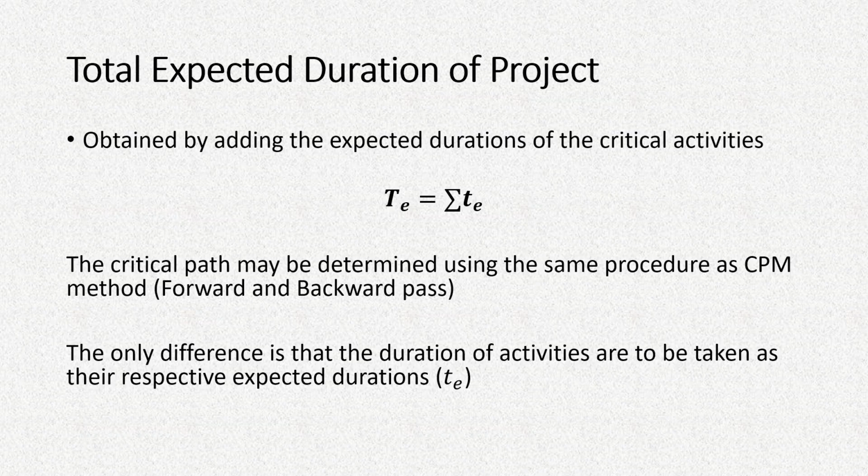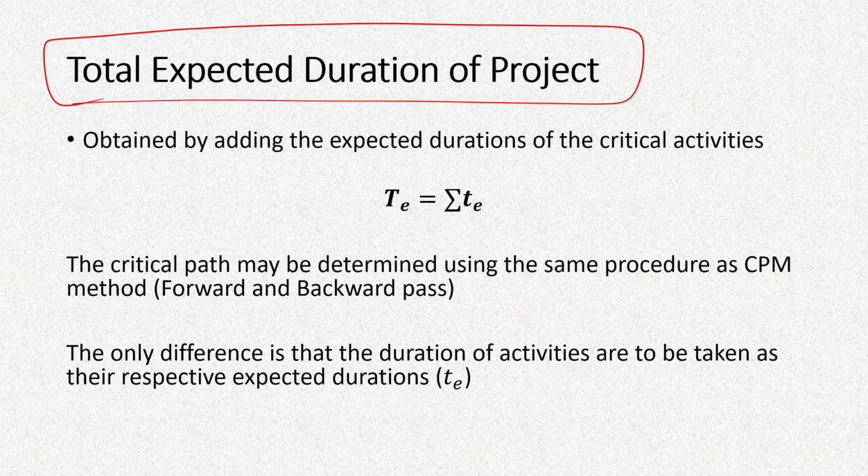So the total expected duration is calculated as capital TE, which is the sum of the small t or expected durations. But which expected durations? These are only the durations of the critical activities.